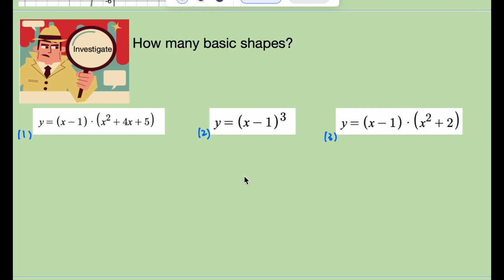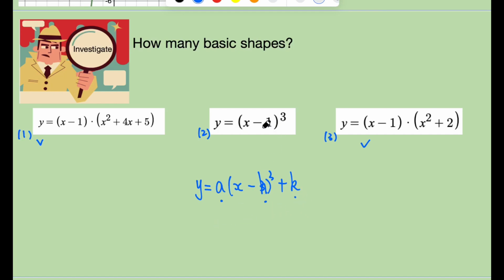Now we are going to look at these functions together. We have already obtained the graphs of number 1 and number 3 functions. So we focus on the second function. Here it is a special case of the transformational form. By comparing with the transformational form, we can see the value of a is 1 and h is 1, k is 0.